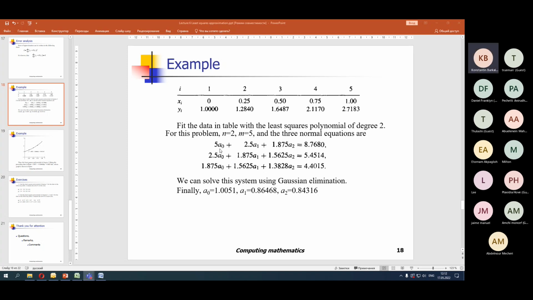And you see that this system will have the same coefficients here: 5, then 2.5, 2.5, here 1.875, 1.875, and these coefficients are also repeated. When we solve this system using Gaussian elimination, we find the values for a0, a1, and a2.